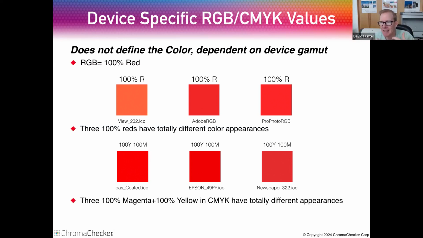If you want to have consistency in the color, you need to define the color in a device independent color space. RGB and CMYK are device dependent color spaces.